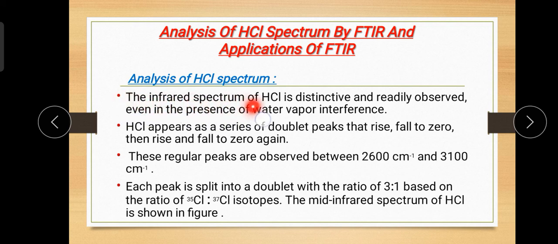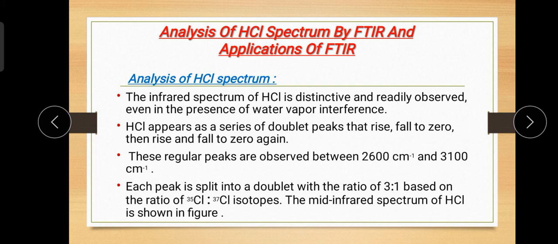The infrared spectrum of HCl is distinctive and readily observed even in the presence of water vapor interference. As already mentioned in the sample handling techniques in FTIR, there are different techniques to treat the sample, but in FTIR or simply IR spectra, due to water or moisture we get unwanted peaks or interference patterns.